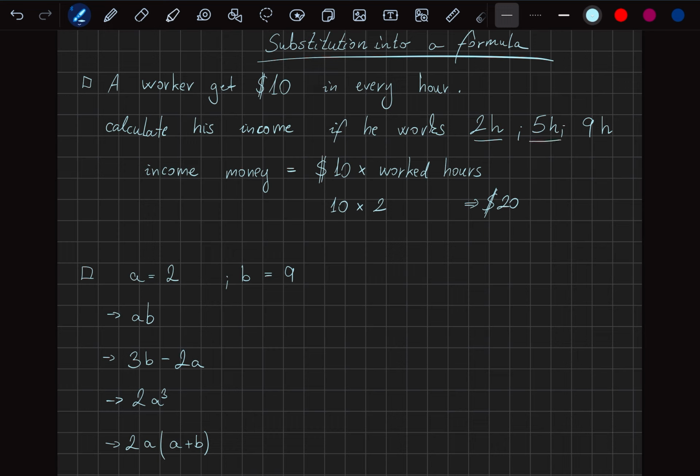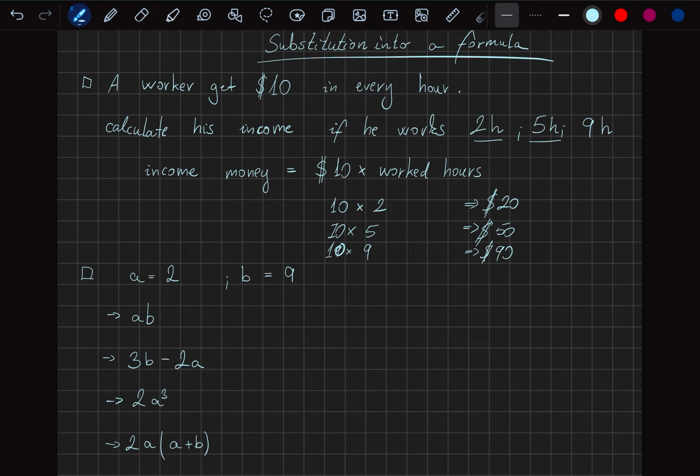Second case, 5 hours times $10, or just 10 times 5. It's the same. We can change the order in the multiplication. So it will be $50. Last one, 10 times 9, so it's $90.